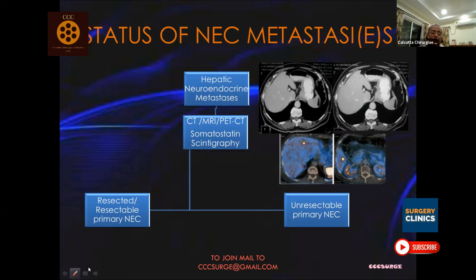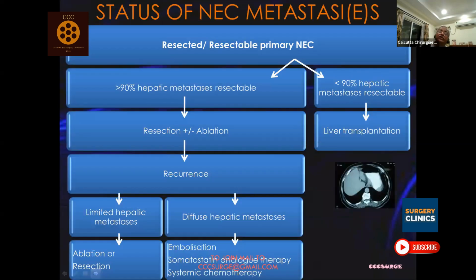So if you have a resectable primary NEC and you find that above 90% of hepatic metastases are resectable, you go in for a resection of the primary and a resection of the liver. This is accepted in a neuroendocrine tumor. If you have a recurrence, if you have limited hepatic metastases, you can go in for an ablation or a resection. If you have diffuse hepatic metastases, you go in for an embolization or a somatostatin analog therapy or a systemic chemotherapy.